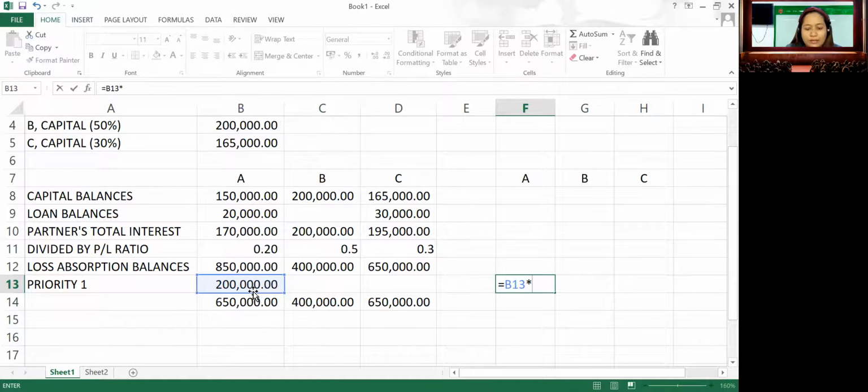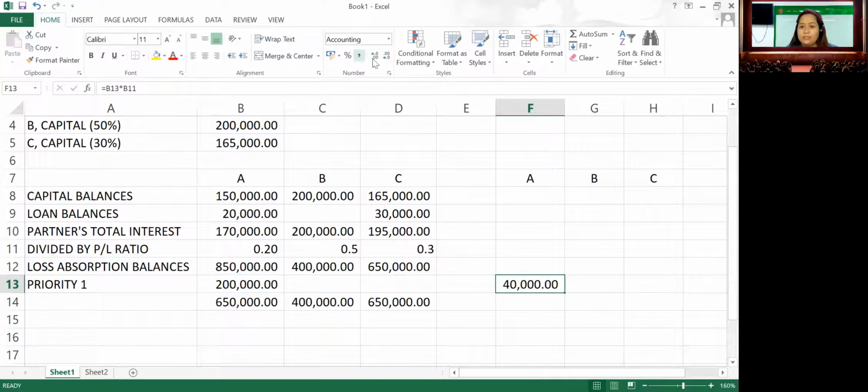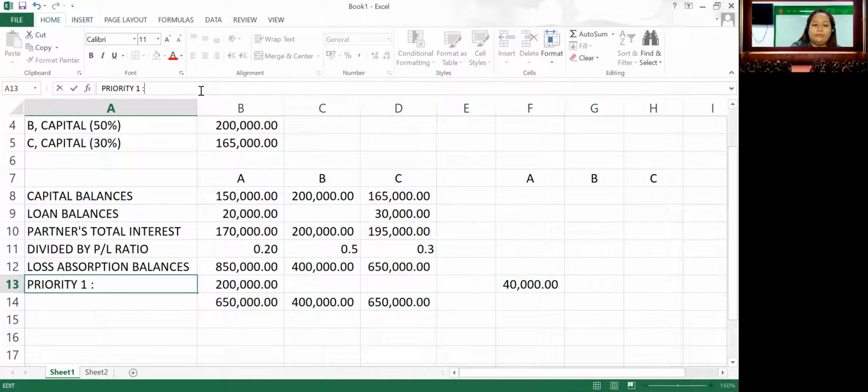So that's 200,000 multiplied by 20%. Which means, in the event na magkakaroon ng pera, we have to give partner A 40,000. Or as long as hindi nabibigyan ng 40,000 si A, hindi muna natin bibigyan yung other partners. Because the first priority here will be given to partner A.